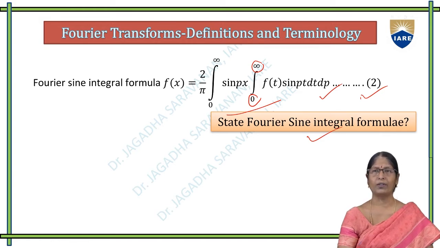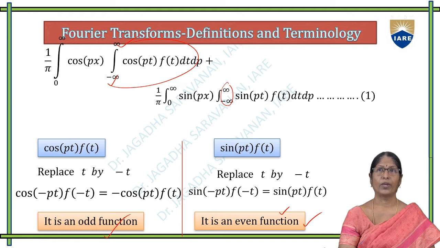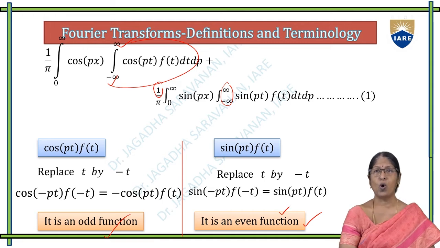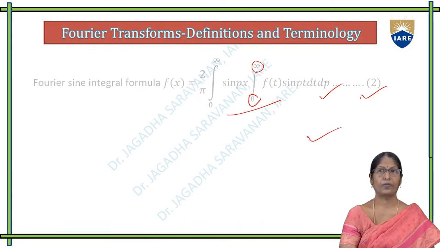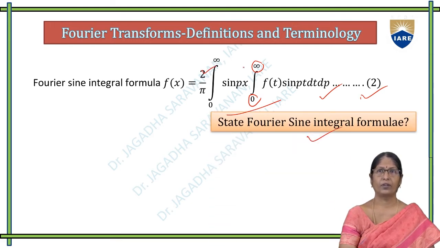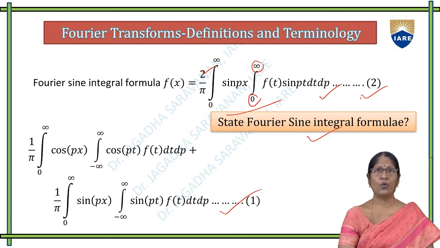If it is even, then the limit minus infinity to infinity will be changed into 0 to infinity. So we can see it here, 0 to infinity, and here also we see the 2, which is kept outside. So again, we have derived the Fourier sine integral formula.